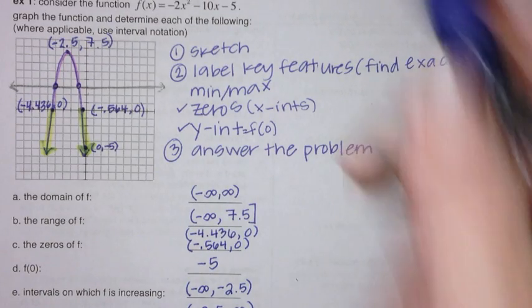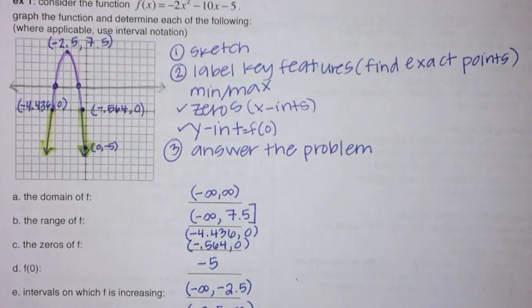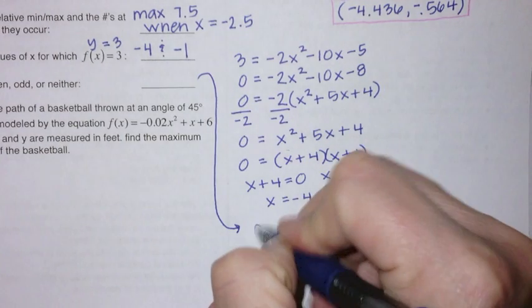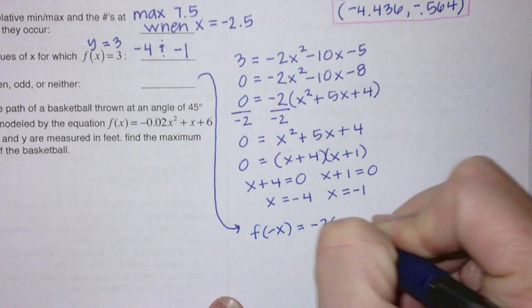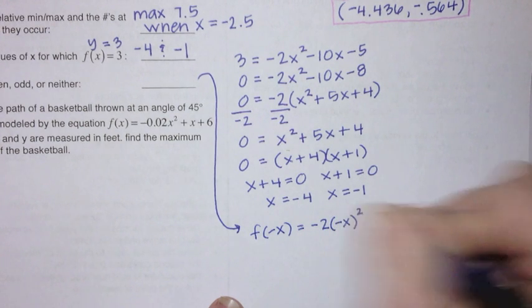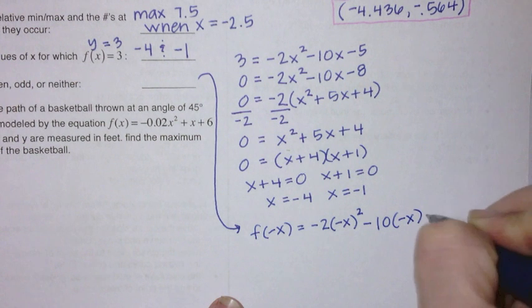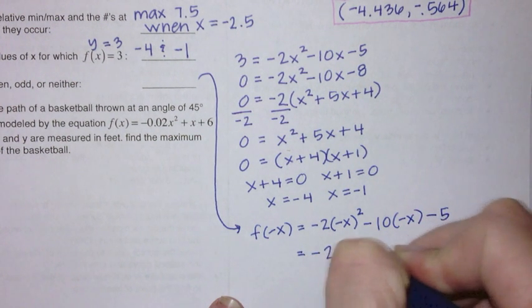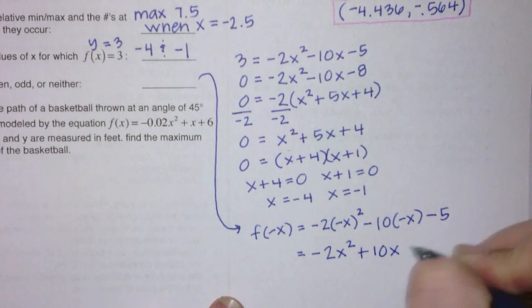And if it is odd, it has symmetry with respect to the origin. But just to be clear, if I wanted to verify my thinking, I could plug in -x and see if all signs stay the same, which would mean it would be even. If they all are opposite, it would be odd, or if there's change in both, then it's neither.